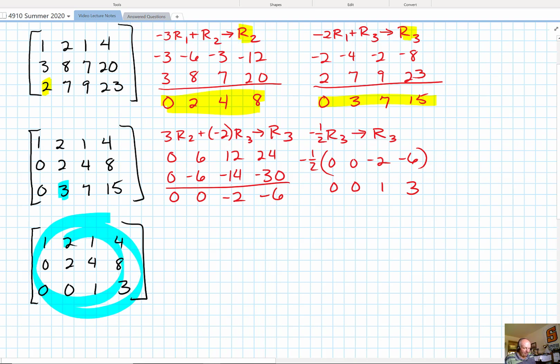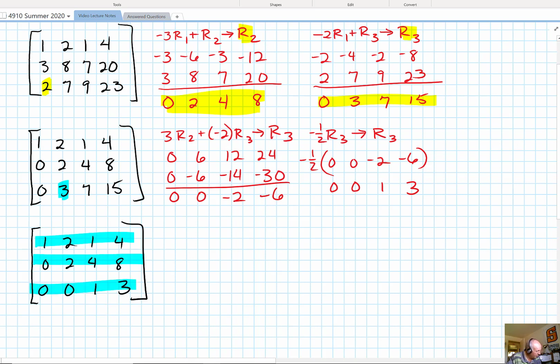At this point we could solve this system, but we're going to go a little further. Let me also mention this matrix, which is in echelon form. We've got that little stair step of leading terms with all the zeros zeroed out. That is not unique.